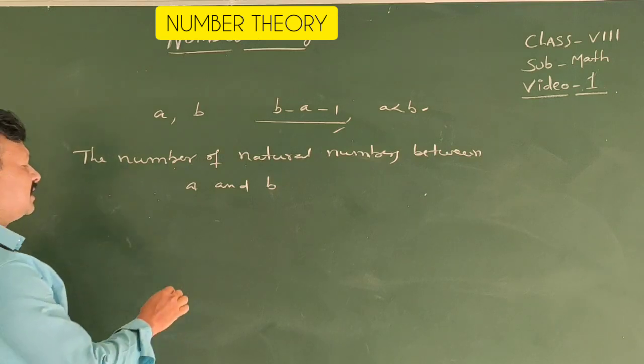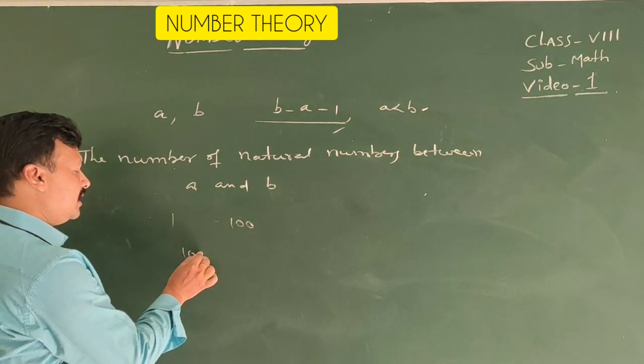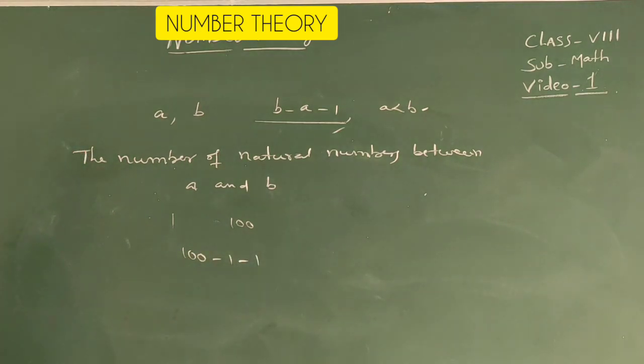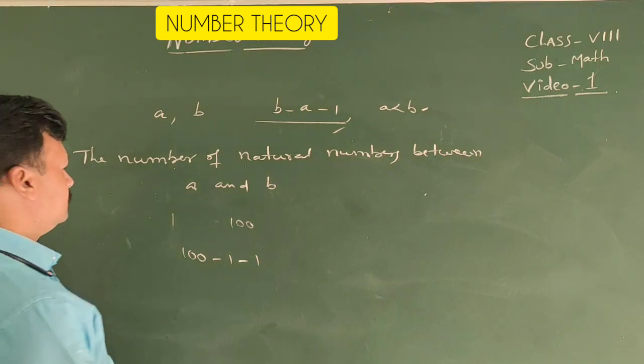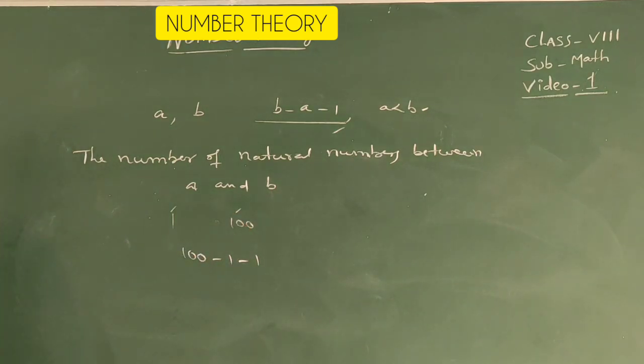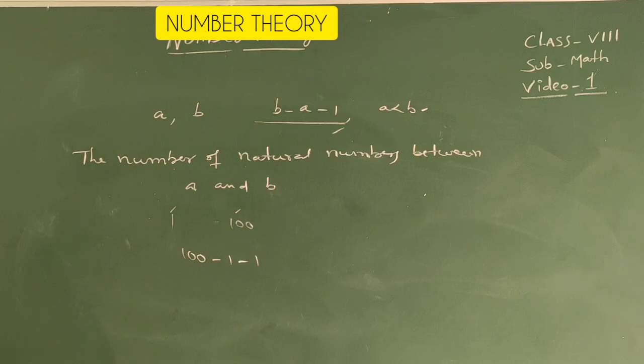How many natural numbers are there between 1 and 100? They give 100 minus 1 minus 1, meaning 98 natural numbers. Between means exclusive, so 1 and 100 are excluded. That's why 98 natural numbers are there between 1 and 100.